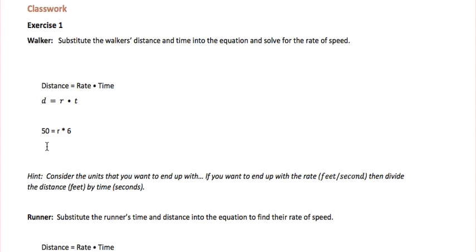And 50 divided by 6 is 8. 8 times 6 is 48 with 2 left over. So we have 8 2/6 for our rate, which simplifies to 8 1/3. And these units would be feet per second.